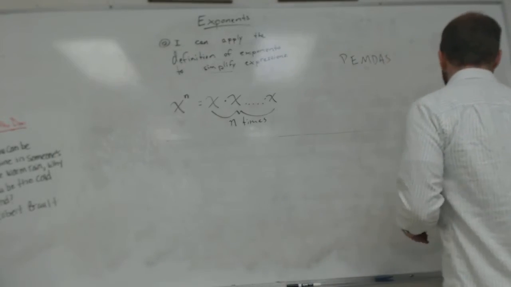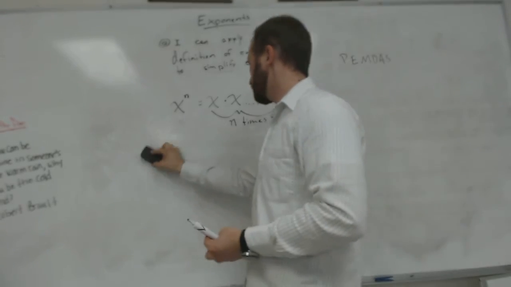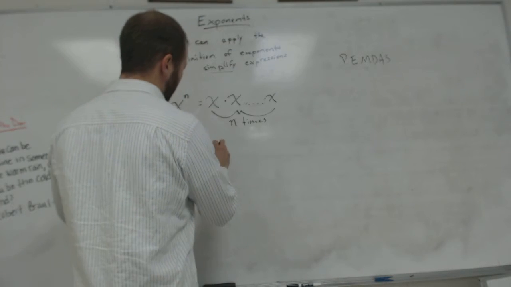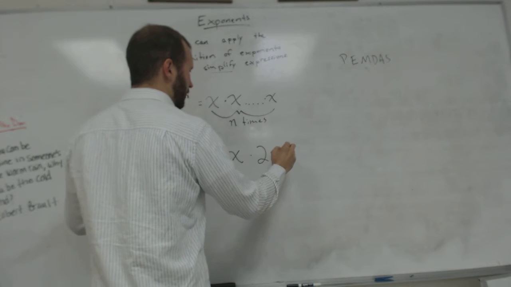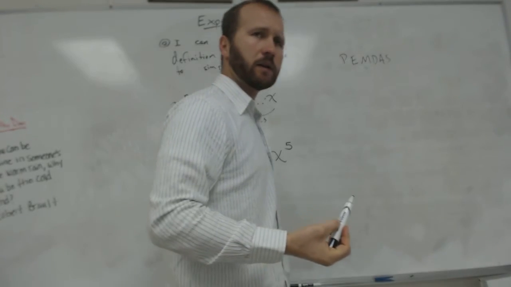What if I had something like this? 3x times 2x to the 5th. What can you do with that?